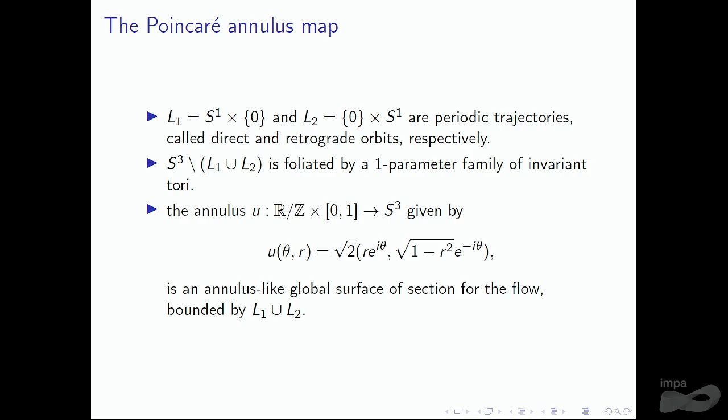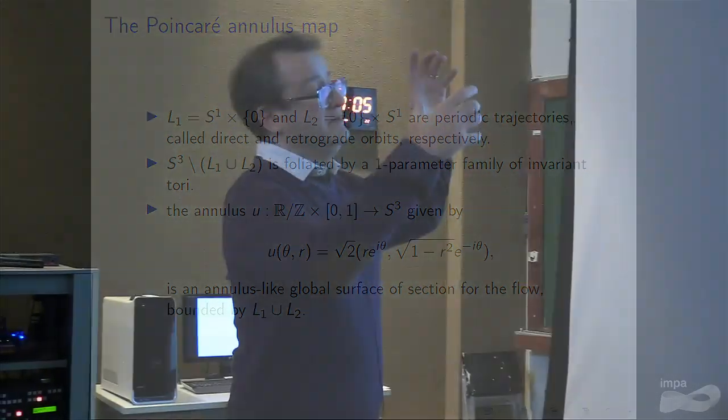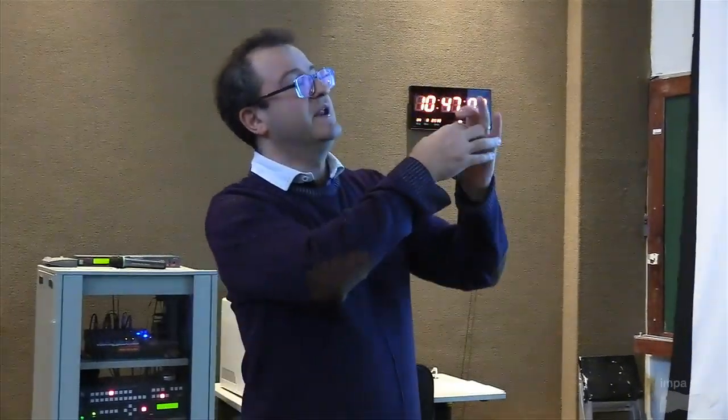So it's very explicit. In these coordinates, theta and r, we would see this annulus connecting the direct to the retrograde orbit.